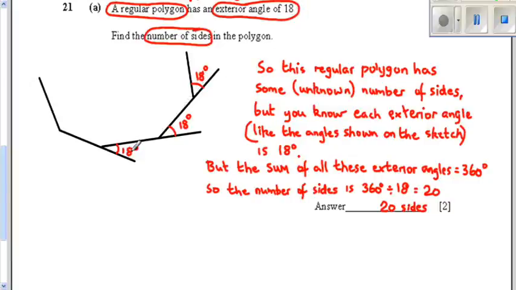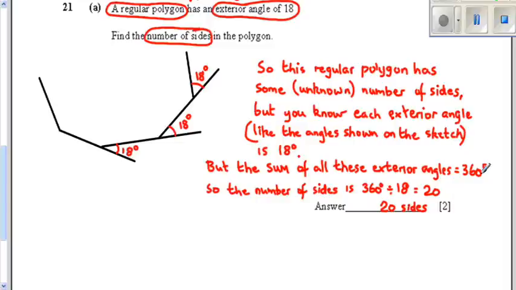There's a fact that you need to remember, that the exterior angles of any polygon, it doesn't matter whether it's 4-sided, 6-sided, 10-sided, 30-sided, it doesn't matter how many sides it has, all the exterior angles together add up to 360 degrees. You need to remember that fact.